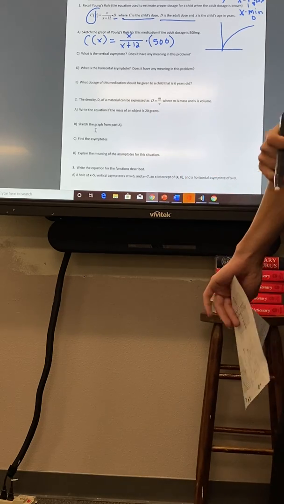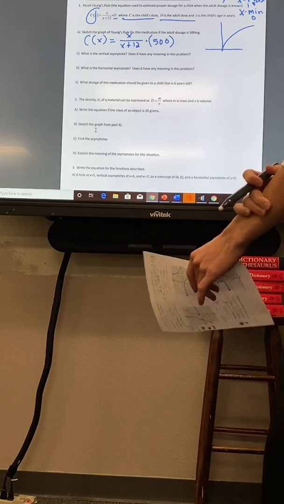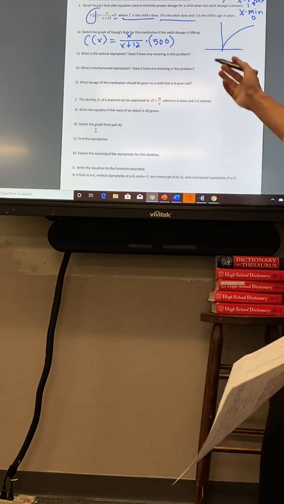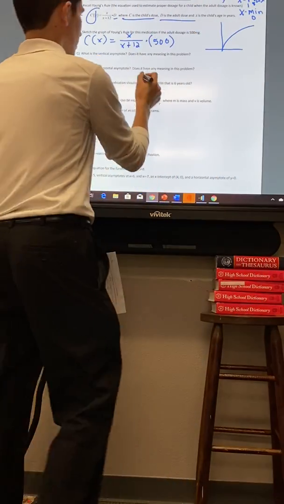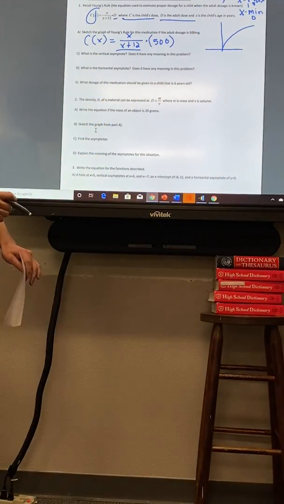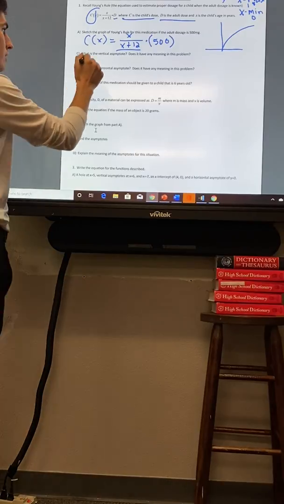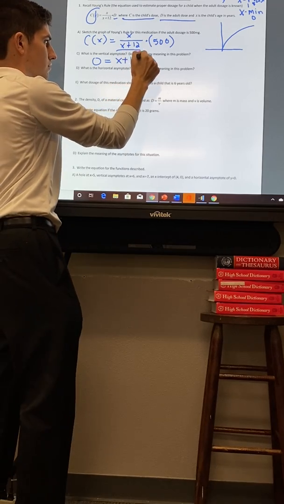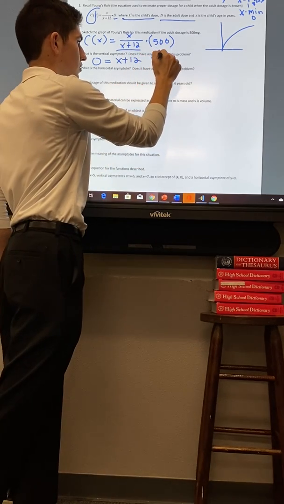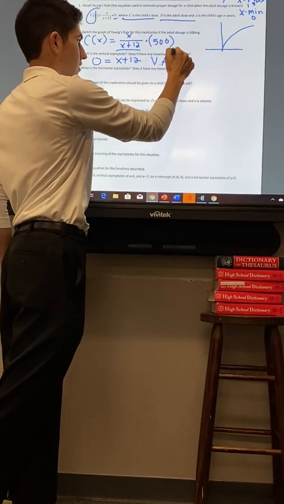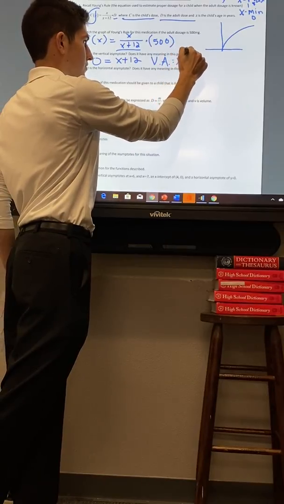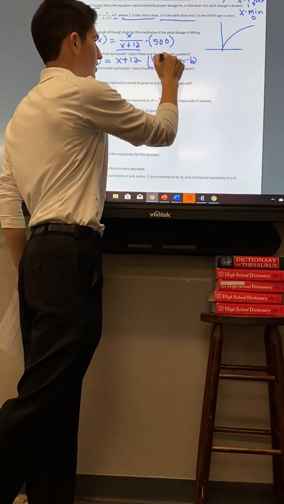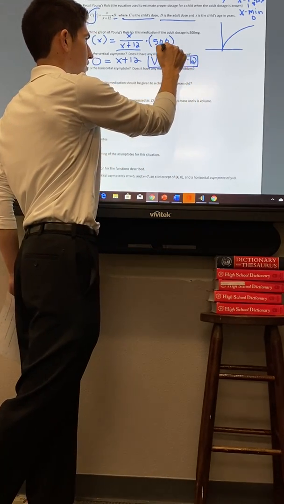So next up we want to look, what is the vertical asymptote and does it have any meaning in this problem? So when we look for our vertical asymptote, we want to look at our domain restriction, which is our denominator in this case. So if we set 0 equal to X plus 12, I get that my vertical asymptote is equal to X equals negative 12. So now we have to think about does this have any meaning?